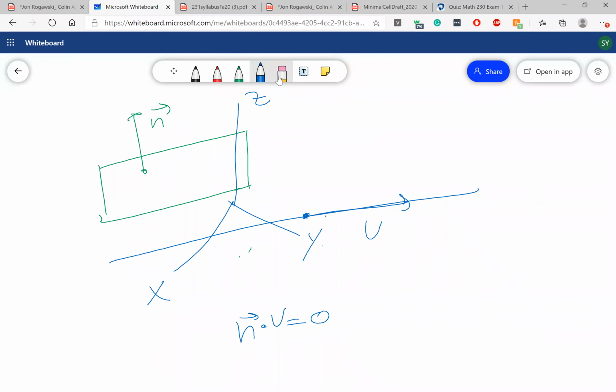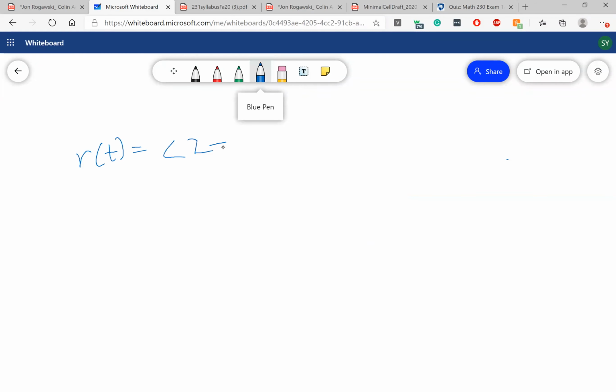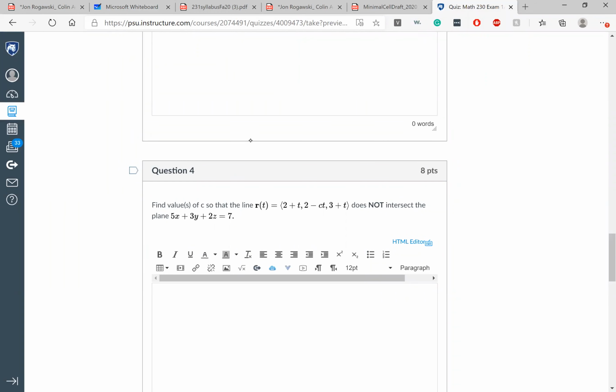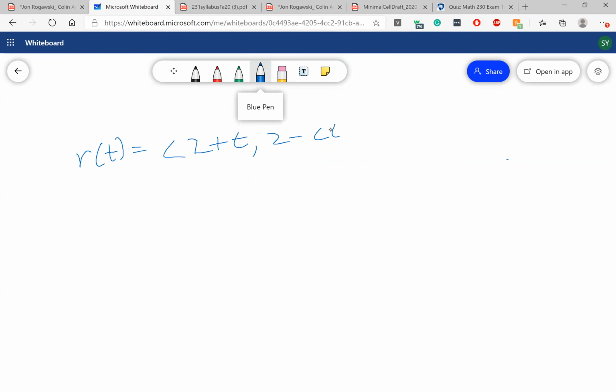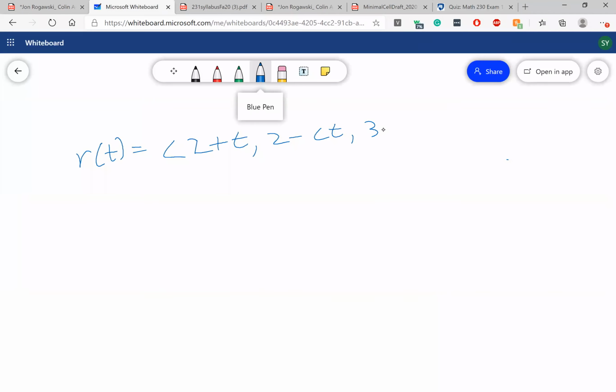So let's do it. First, for the line, they have r(t) equal to (2 plus t, 2 minus ct, 3 plus t).